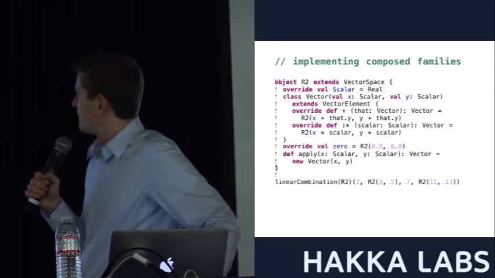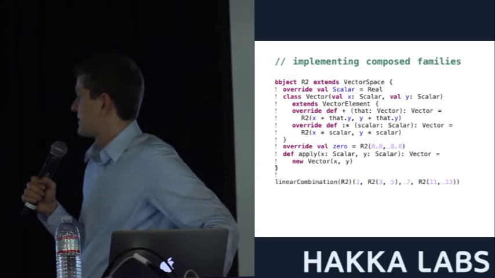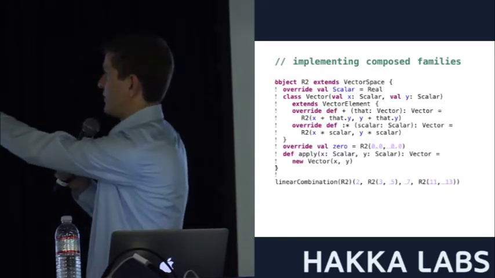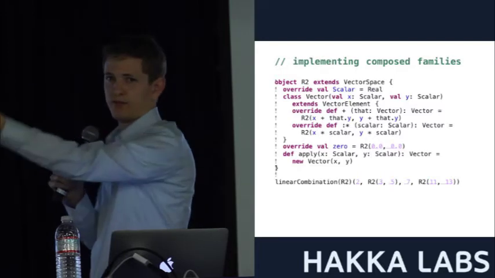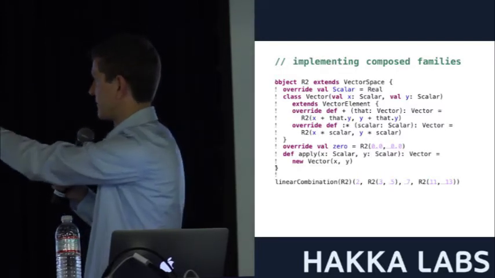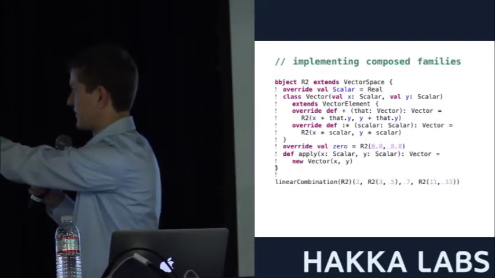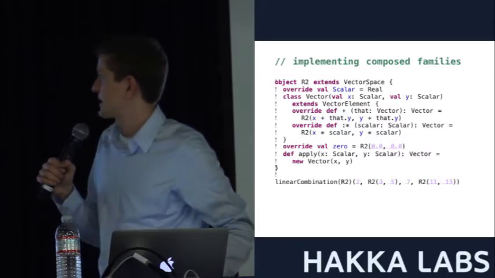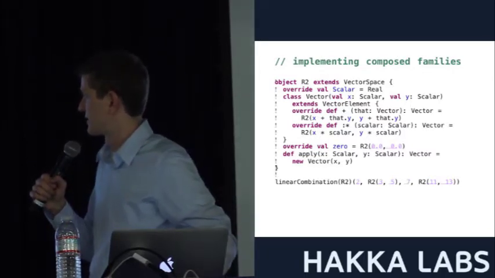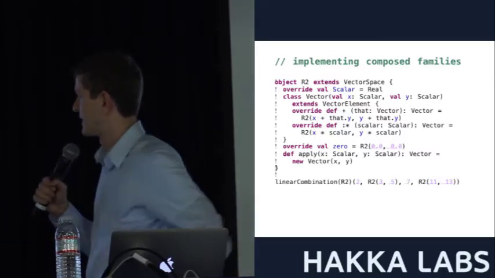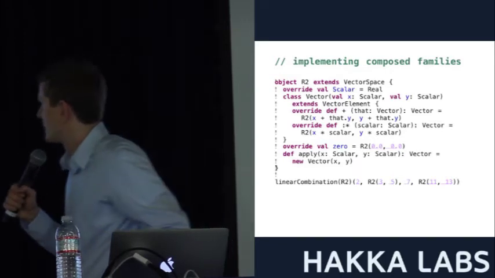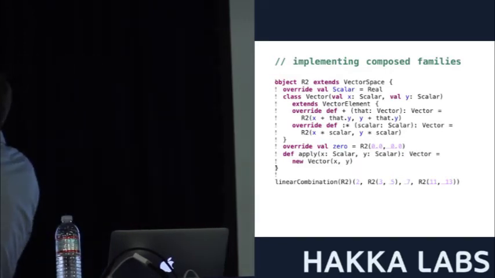Now we can define our vector class, and you can actually override an abstract type with a concrete class. You can't override traits with other traits, but you can override a type with a concrete class. The abstract type in the interface was vector, so we can just implement that as vector here. And again, notice we're using the scalar type alias, which really refers to scalar.element.